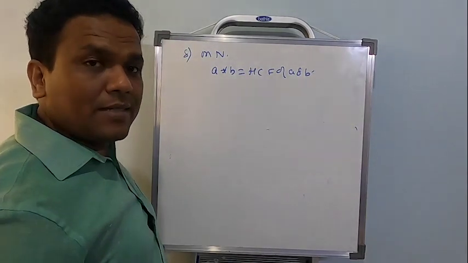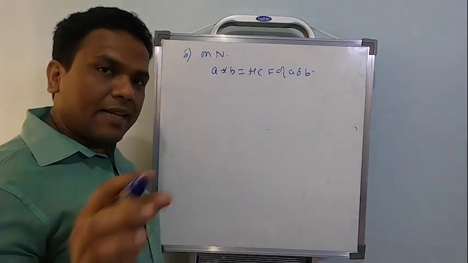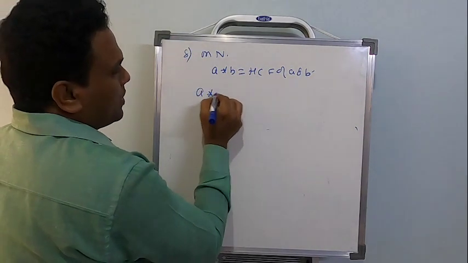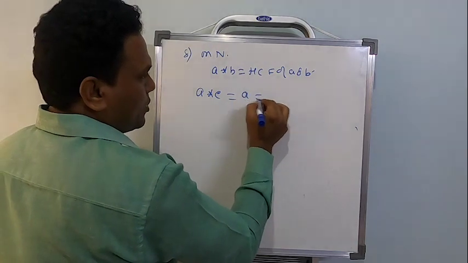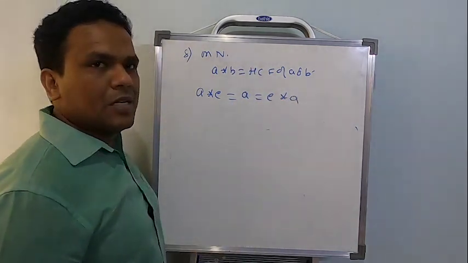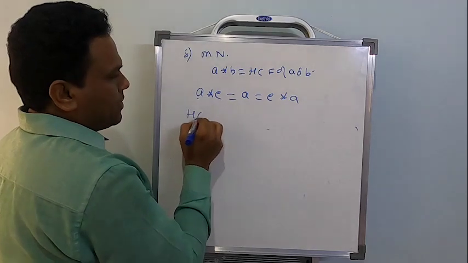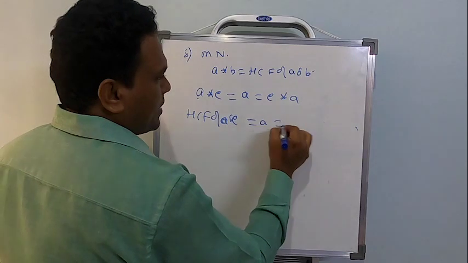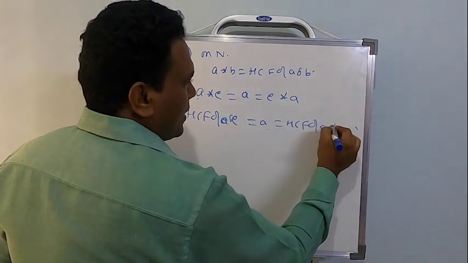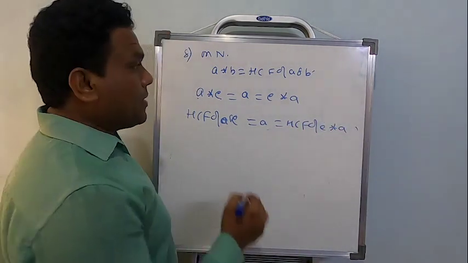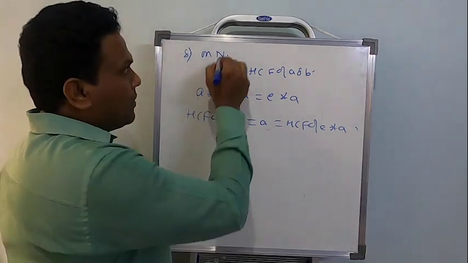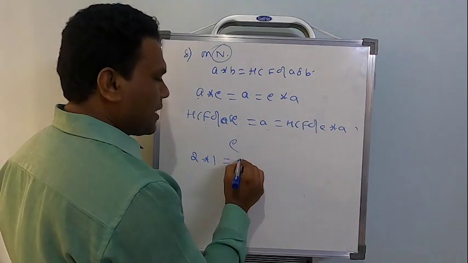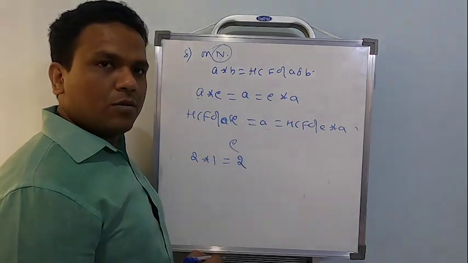Then they asked, does there exist identity? Suppose there exists identity E. Then what should be true? A star E should be equal to A, which should be equal to E star A. What is A star E? It is going to be HCF of A and E, which equals A, which equals HCF of E and A. But remember, E should be one particular element from the given set. For example, if I consider 2 star 1, will I get back 2?